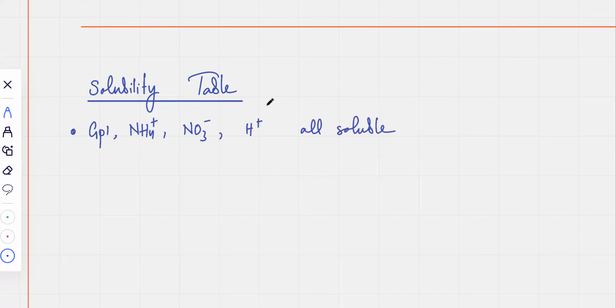Anything that has H+1 in it indicates that all acids are soluble. So whenever you see a compound that has group 1, NH4+1 or NO3-1 or any one of them in the formula, it will be considered soluble. Examples are NaNO3, that's soluble. It's going to mix in water and form an aqueous solution.